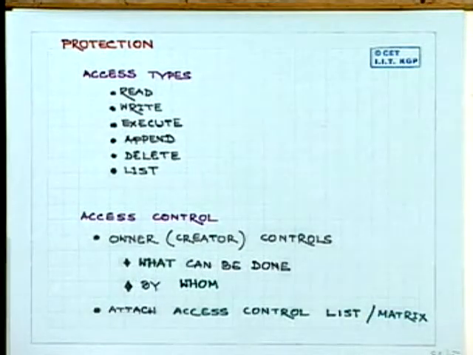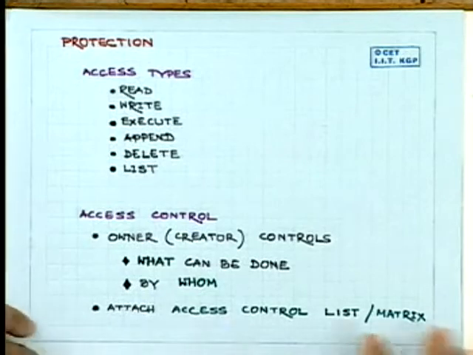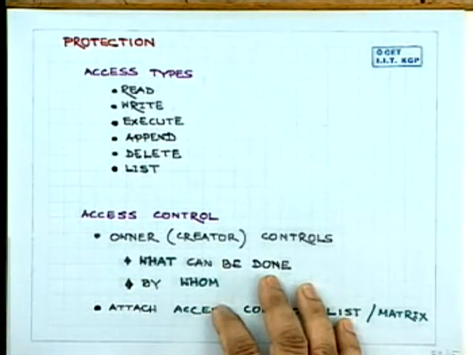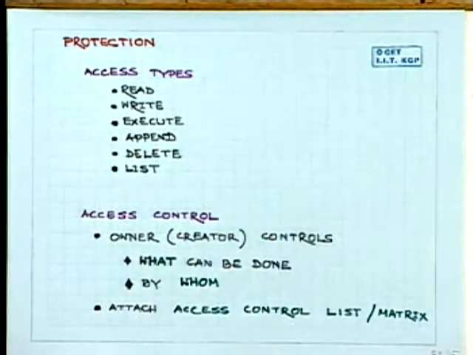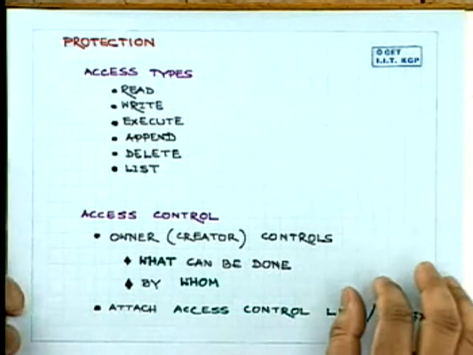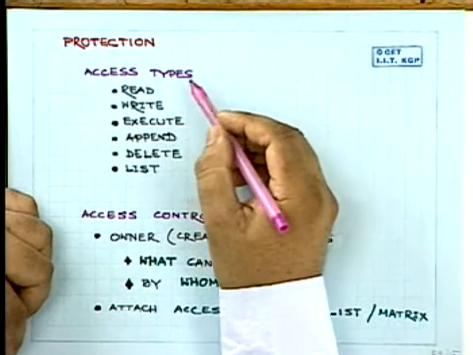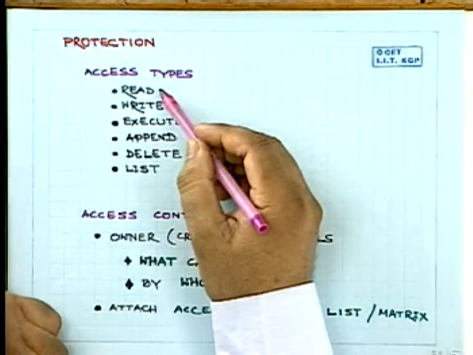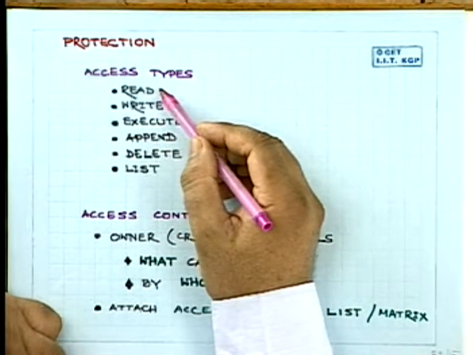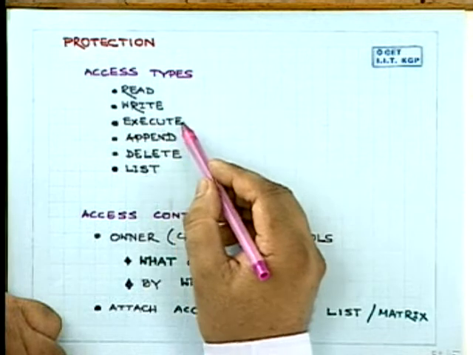Now the next question turns out to be what is the protection that we have to take once the files are created. The different types of protection that we can take are the access types we declare. The access types can be read, it can be write, it can be execute.